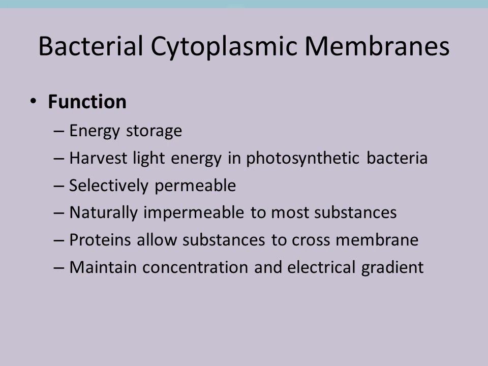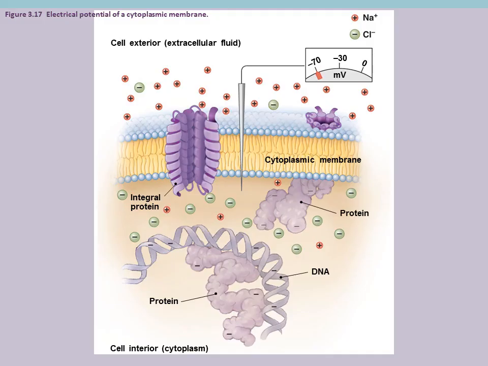This will help to maintain proper concentration gradients as well as electrical gradients. Basically, if it cannot regulate and properly control the concentration of things inside the cell versus outside the cell, the cell is going to die. There is a slight charge with cells. They are more negative on the inside and slightly positive on the outside.